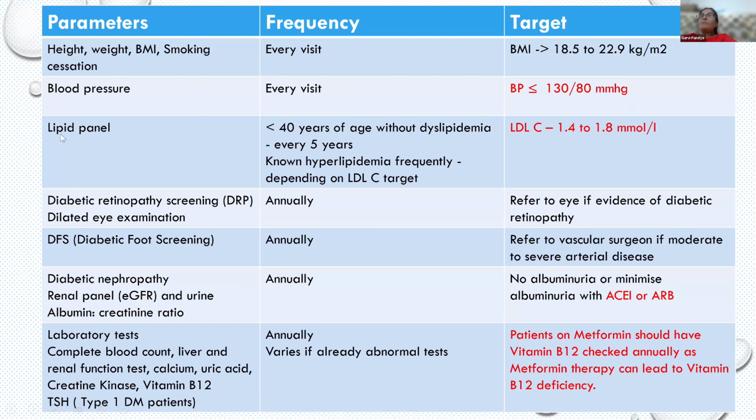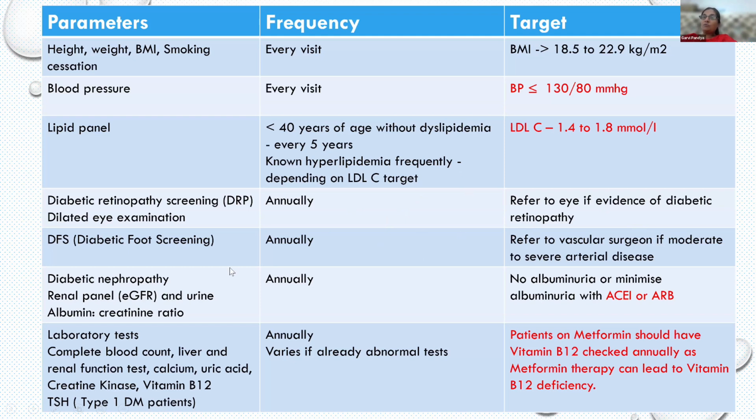Their LDL should be between 1.4 and 1.8 millimole per liter, because they are at high cardiovascular risk. They should get annual diabetic retinopathy screening and annual diabetic foot screening. If either is abnormal, refer to the ophthalmologist or the vascular surgeon respectively.